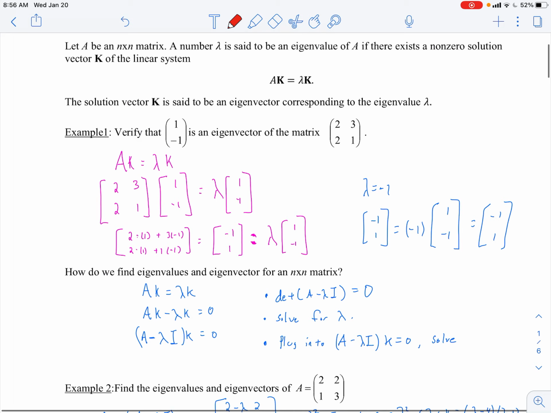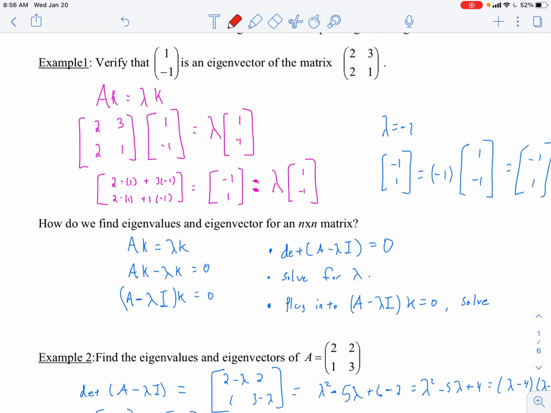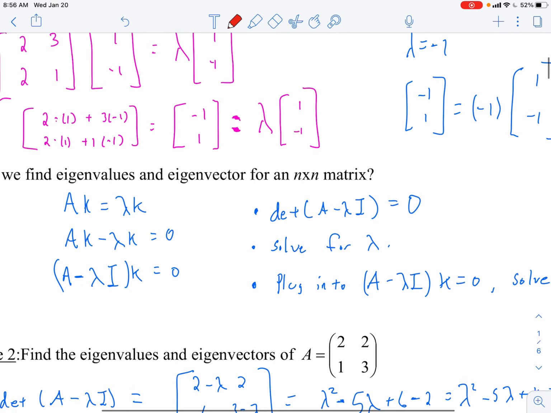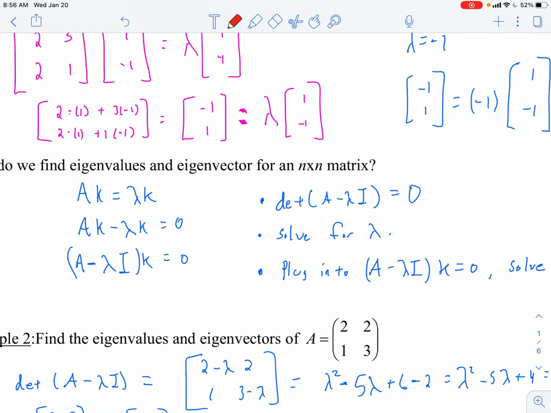All right, so how can we, on our own, find eigenvalues and eigenvectors? Well, it can be a very long process. Not too long if it's a 2 by 2 matrix, but if we're dealing with a 3 by 3 matrix or a 4 by 4 matrix, it could be very long.